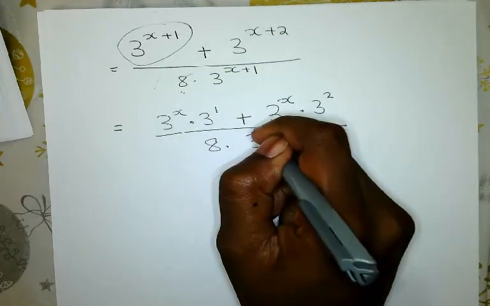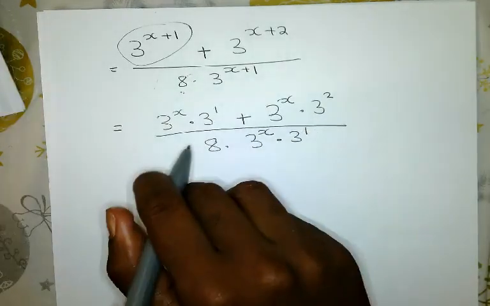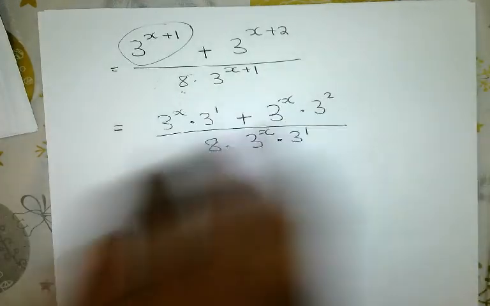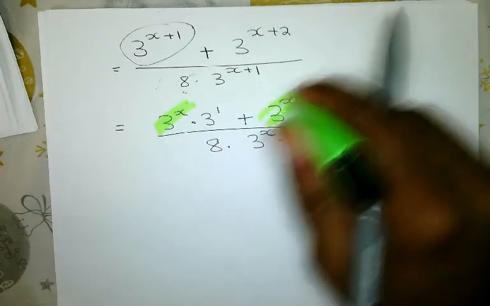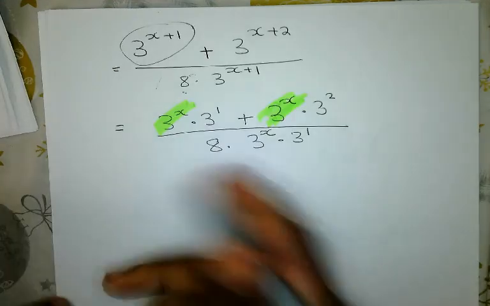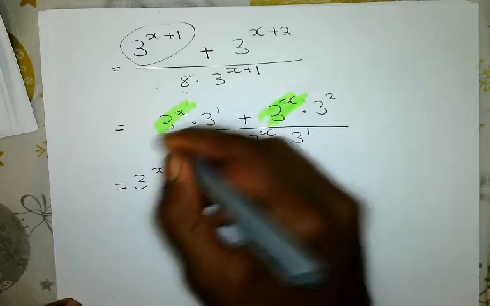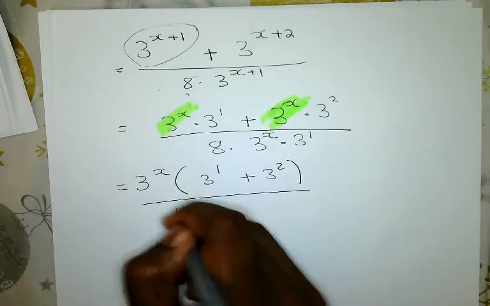Then on top, do I have a common factor? Yes. In both these terms, I've got this. I'm going to take this out. What am I left with? And at the bottom, I'm left with that. Now, what's inside the bracket? We are going to press it on the calculator as it is.